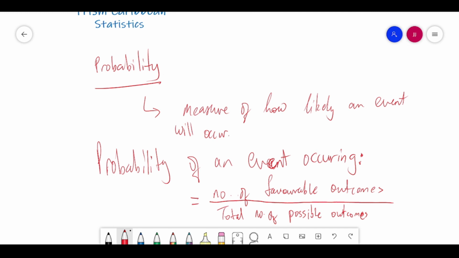And that's it pretty much. So you take the favorable outcomes and you divide it by the total number of outcomes that is possible, right?